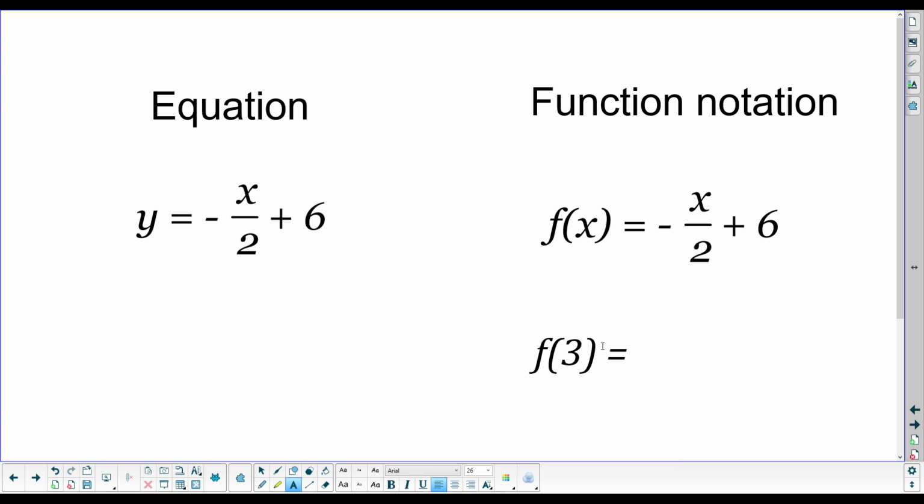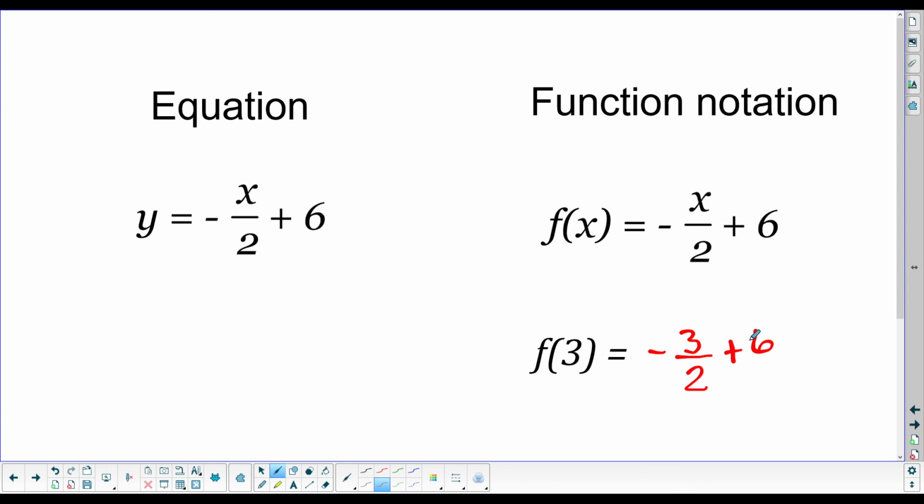If I wanted to figure out what this would be if I put 3 in for x, this is the way I would denote that. I'm going to evaluate this function f when x is equal to 3. So we would say this is f of 3, and what that means is I'm simply going to put 3 into this. My x value is 3, I would divide that by 2 and take the negative, and add 6.